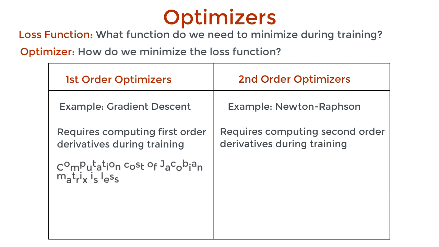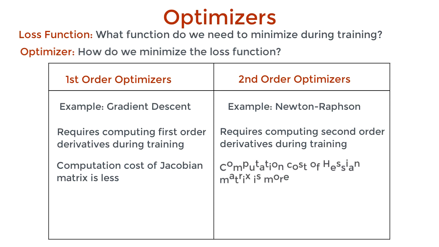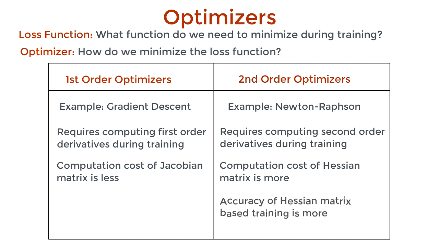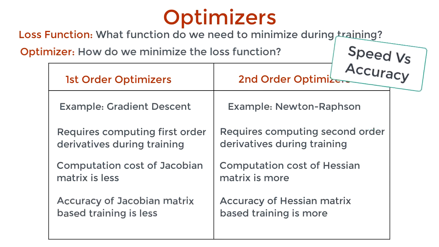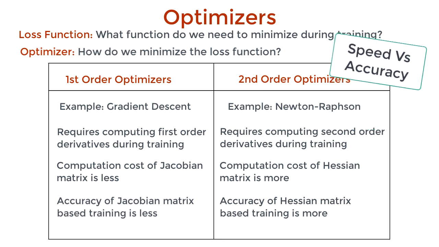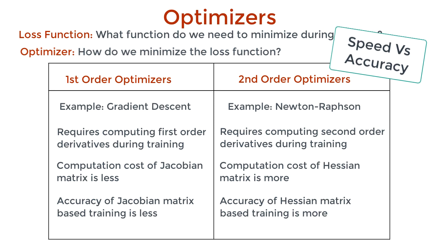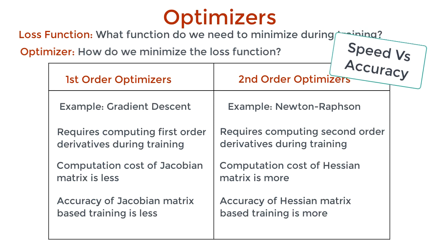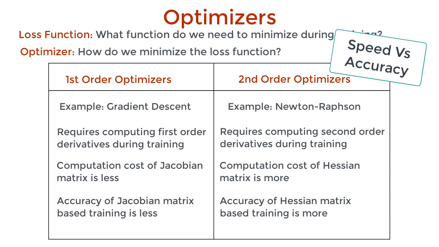Programmatically, the computation cost of a first-order gradient vector, that is the Jacobian, is less than the second-order derivative matrix, that is the Hessian. However, by computing a Hessian, we are able to make more accurate jumps in the correct direction. So clearly, it's a trade-off between speed and accuracy. For now, though, let's direct our attention just to the first order optimization technique, which is gradient descent.